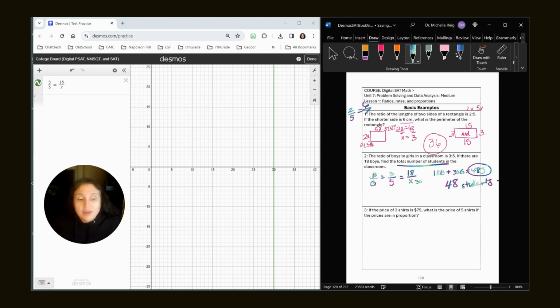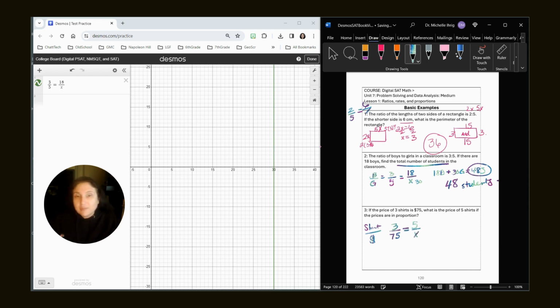The price of 3 shirts is $75. So we're going to do shirt over money. Now there's another way that you could do this, because right away you're like, all right, 1 shirt is $25, but we have 3 shirts over 75. What is the price of 5 shirts if the prices are in proportion? So we're going to do 5 over x.